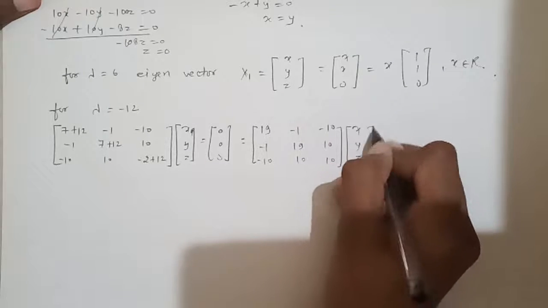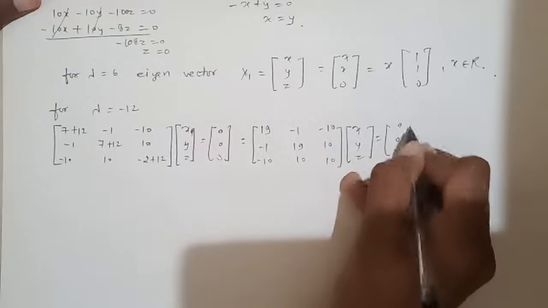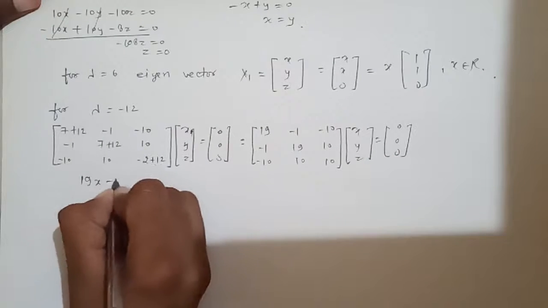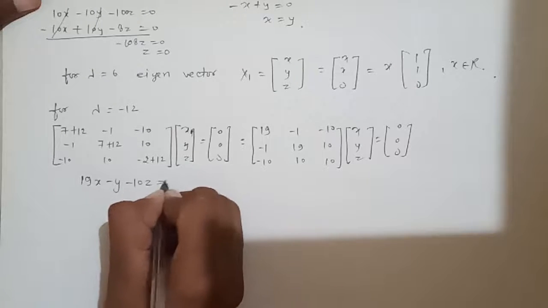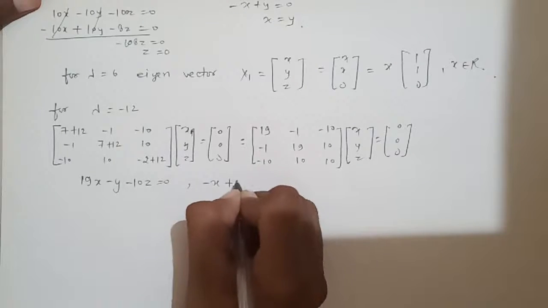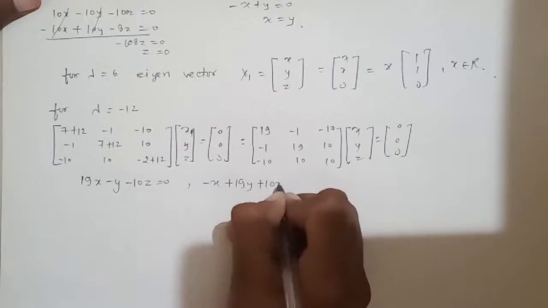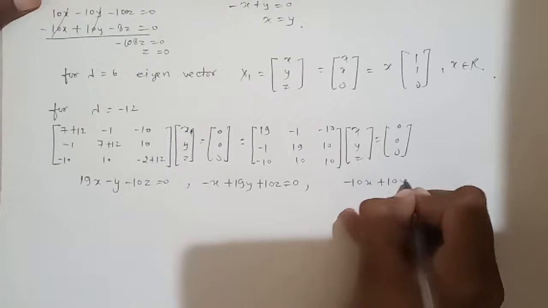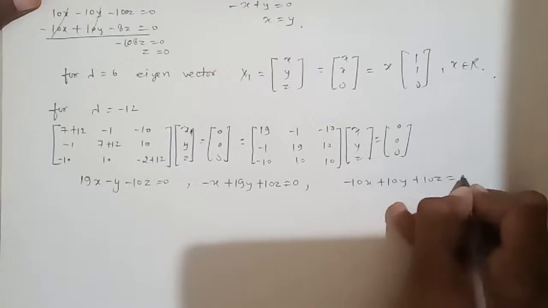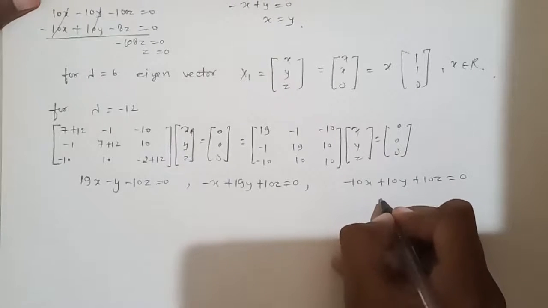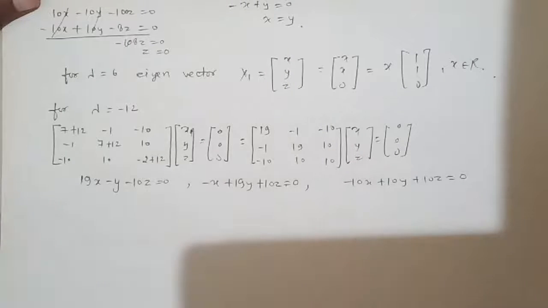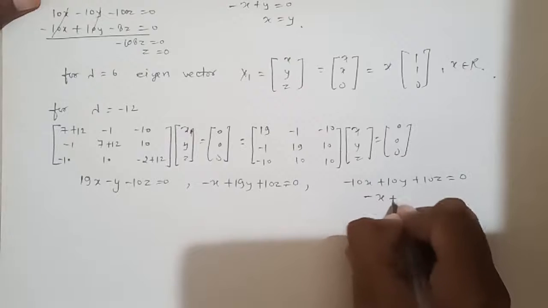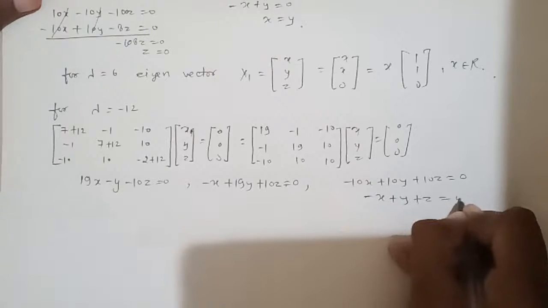So we get 19x minus y minus 10z is equal to 0, minus x plus 19y plus 10z is equal to 0, and minus 10x plus 10y plus 10z is equal to 0. I can write this as minus x plus y plus z is equal to 0.